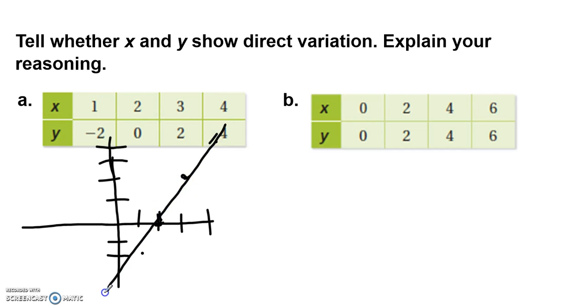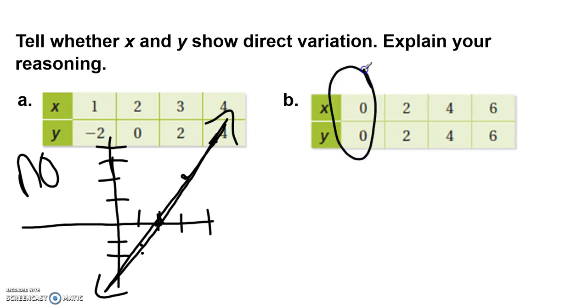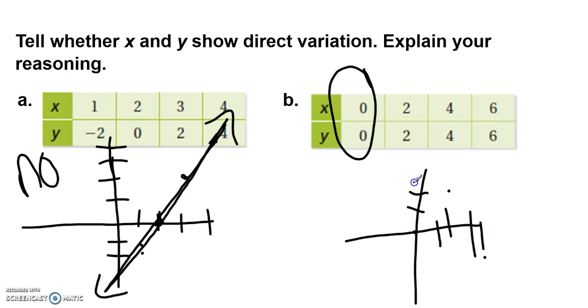So my question to you is, does this line pass through the origin? No. So it does not show direct variation, and your reasoning is that the line does not go through the origin. This one, I can already tell it's going to go through the origin, because it's (0, 0), so the first point is here, the second point is here, the third point is here, and you get my point.